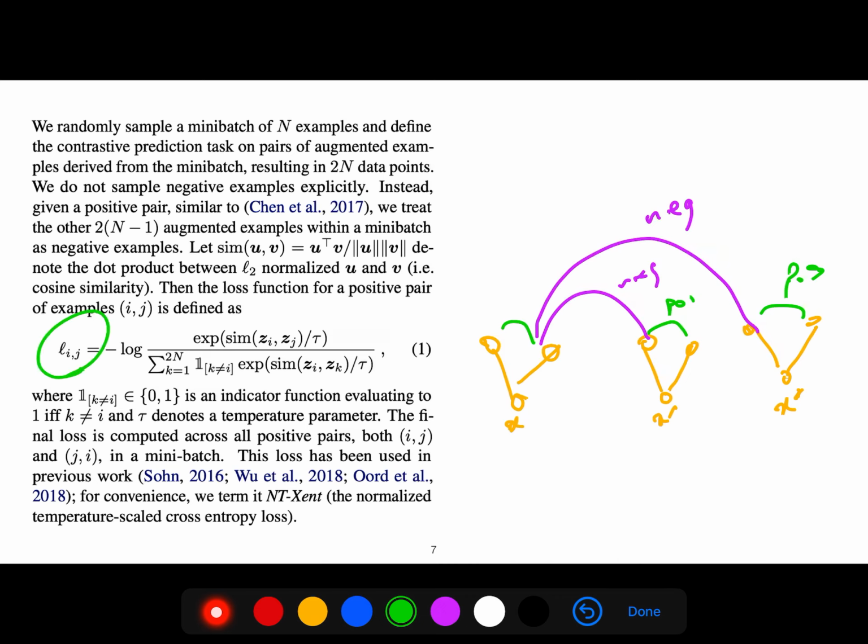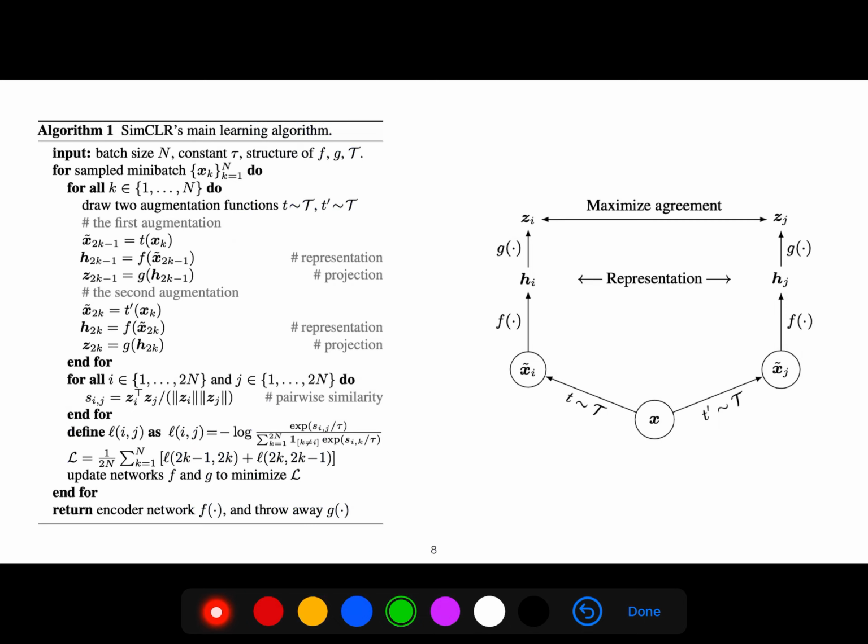And this one here is always an indicator function evaluating to 1. And this is the full algorithm. So first you do representation and then projection. Until here is your representation, and then you project it to an even smaller space, and then you maximize the agreement. So quite simple, quite powerful. It is called SimCLR.